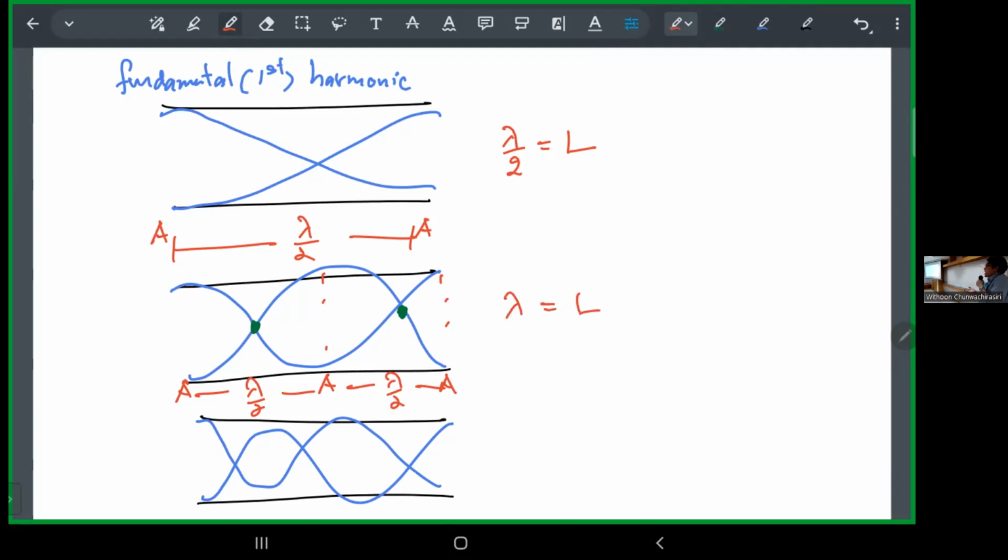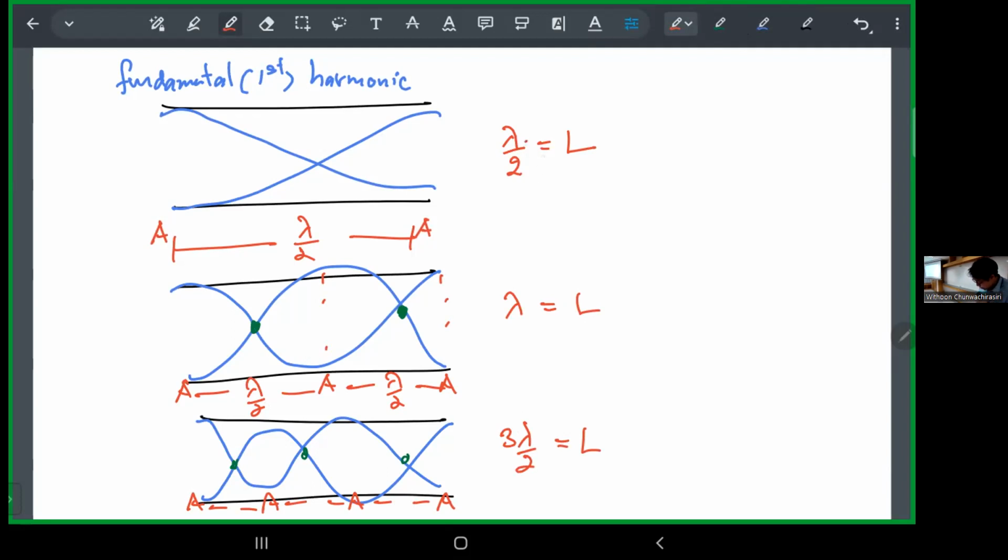All you have to do is just count the distance: antinode, node, antinode, antinode, antinode. So it's going to be 3 lambda over 2 equal to the length of the tube, on and on. Because they are all different in wavelength, you can put a subscript to identify this.